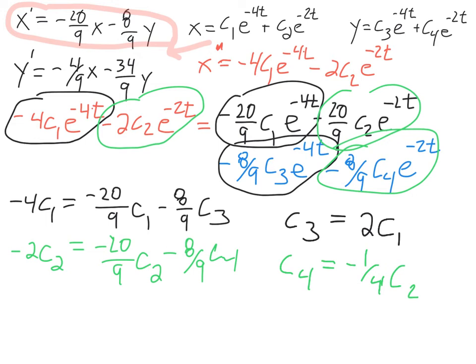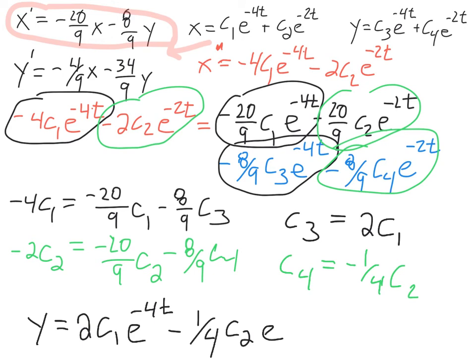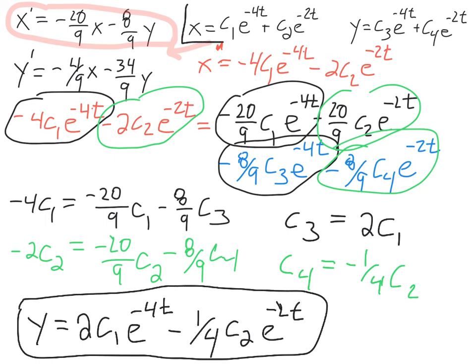So using all of that information, we now have our solution for y, where I can replace C3 with 2C1, the term in front of the e to the minus 4t, and C4 is minus 1/4 C2 e to the minus 2t. So here would be our general solution for y, and our general solution for x we started with over there.